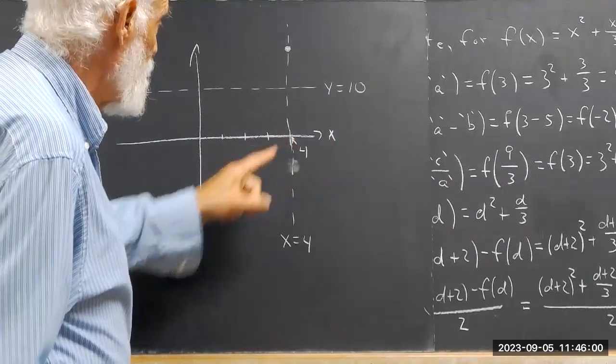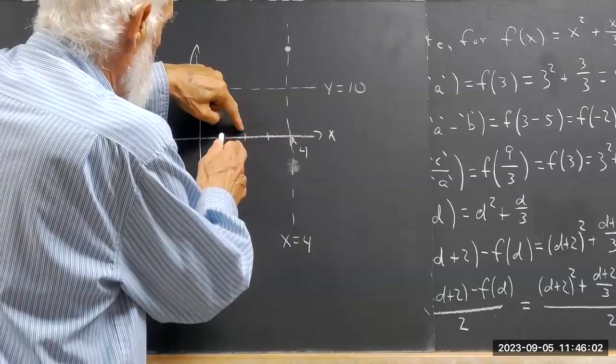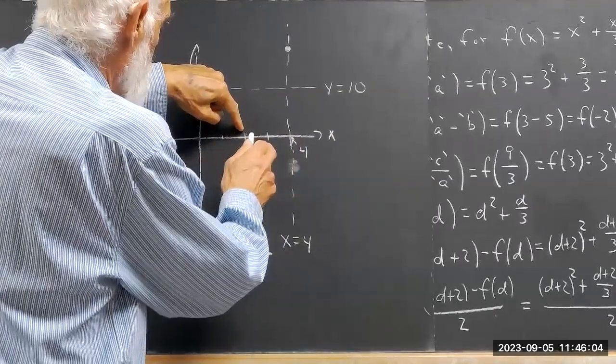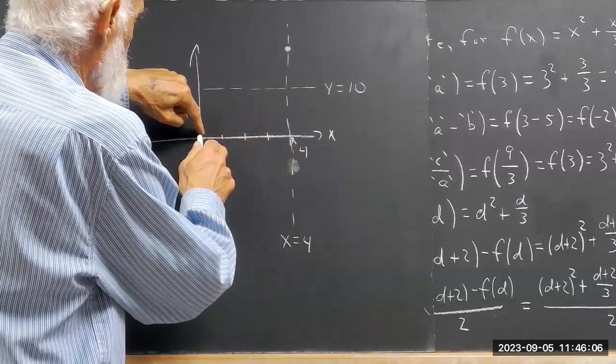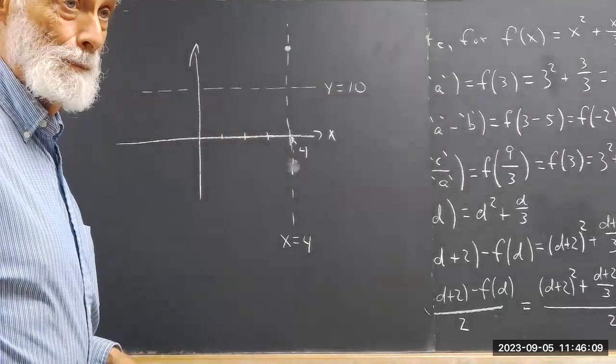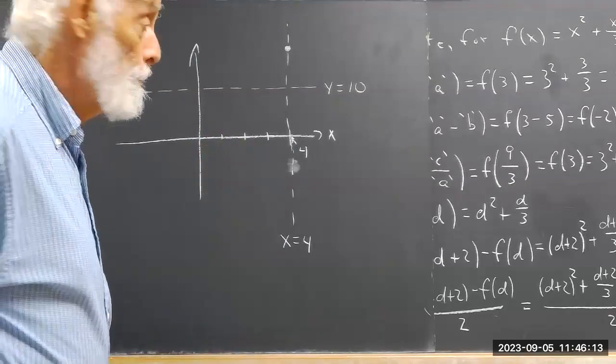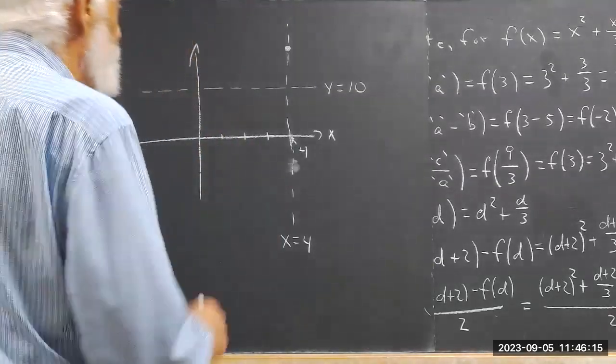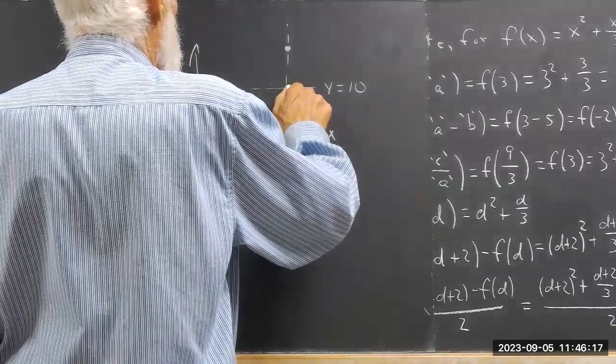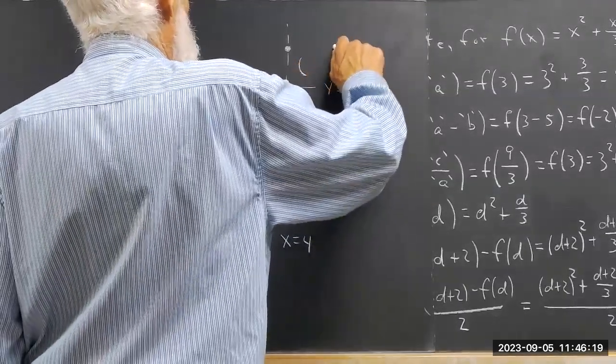So if this is 4, then if you cut that in half, it's 2. Halfway between 2 and 4 is 3. Halfway between 0 and 2 is 1. So we know that that's 1, 2, and 3, right? Well, tell me, what are the coordinates of this point?